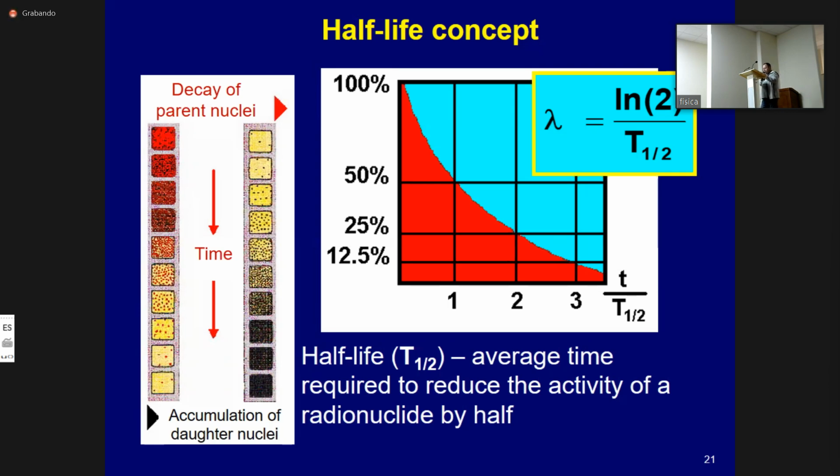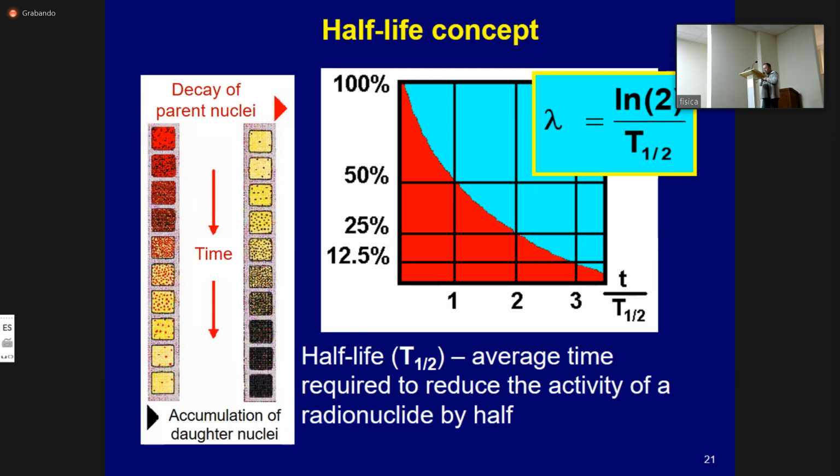The period of time during which 50% of the nuclei of the parent radionuclide decay is called the half-life. If we start observing a radioactive source at time t0, then at the time t0 plus one half-life, half of the initial number of nuclei of the parent radionuclide will remain in the source.